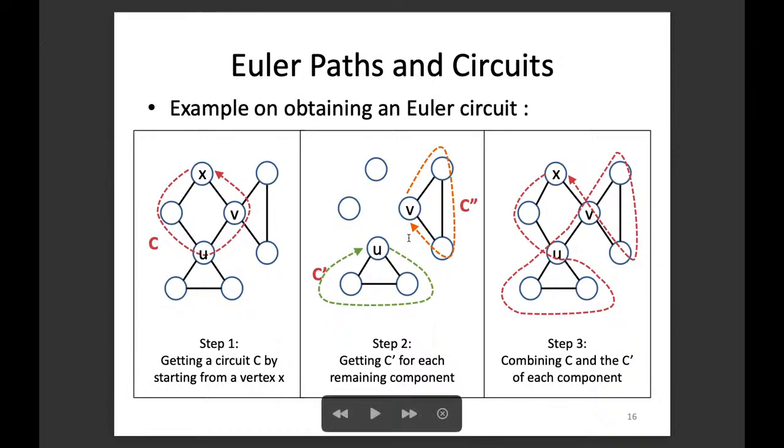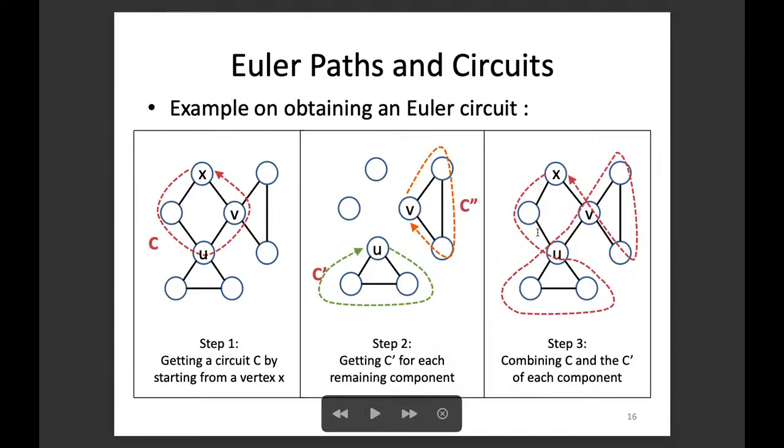So in such a case, we have a component here, but each component is a smaller component, and each vertex has even degree. So by induction hypothesis, we can form an Euler circuit here, and we can form an Euler circuit here. And finally, to see that the original graph has an Euler circuit is easy.